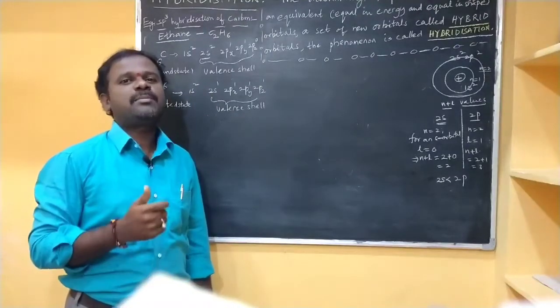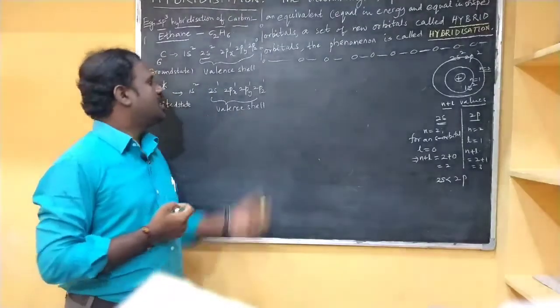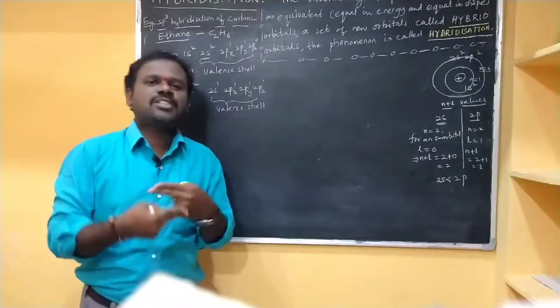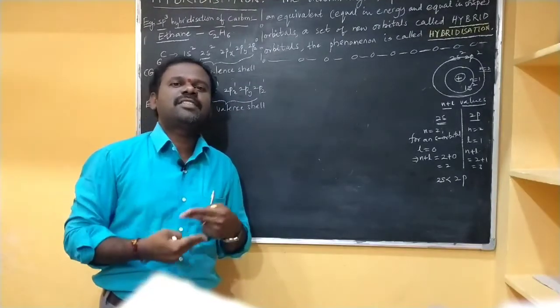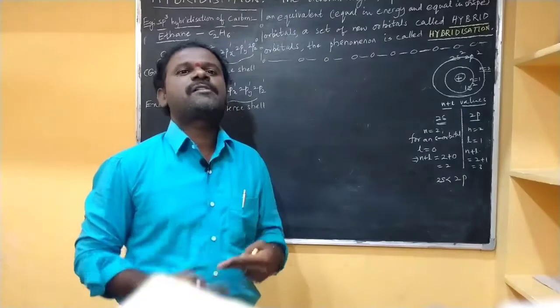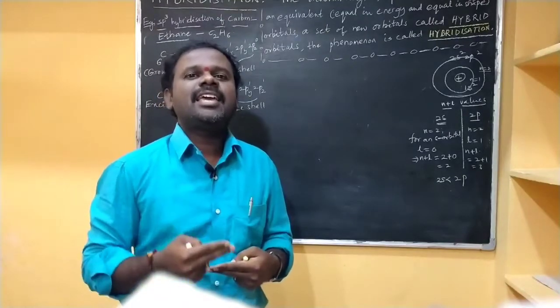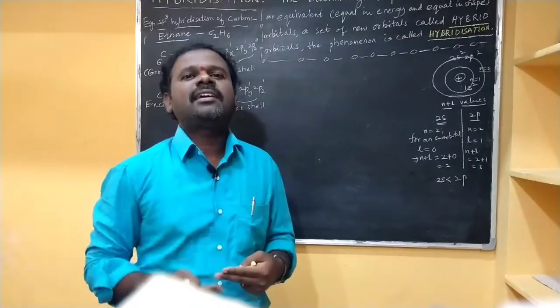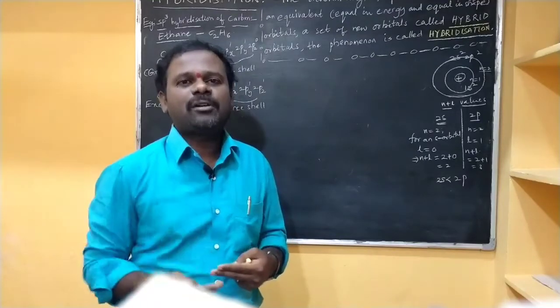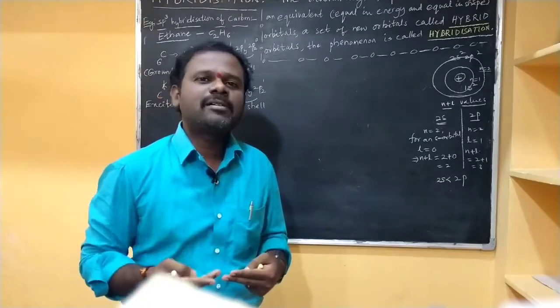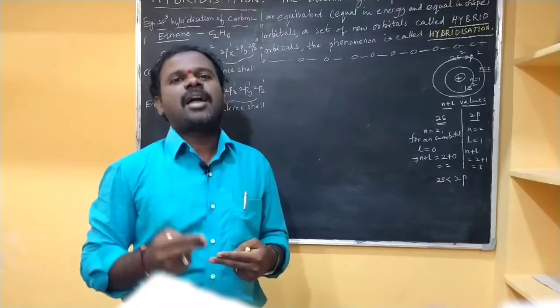So to minimize the differences, they are going to intermix with each other for the formation of an equivalent set of orbitals, equal in energy and equal in shape, which are called hybrid orbitals, and the phenomenon is called hybridization.